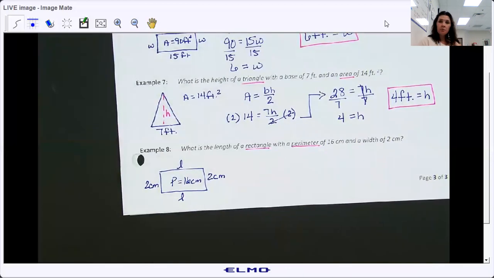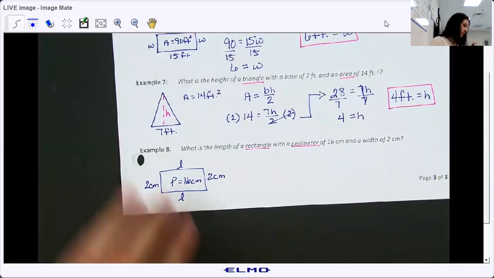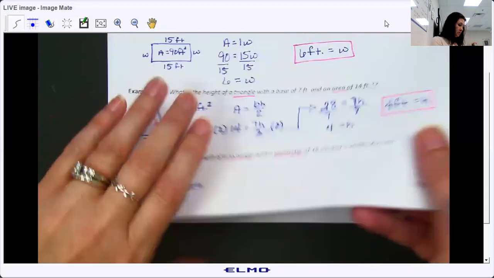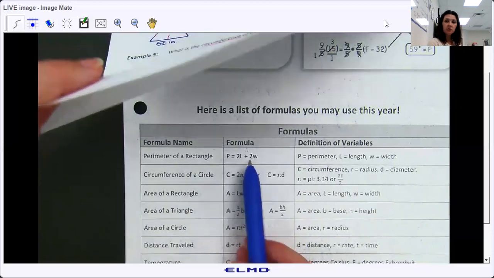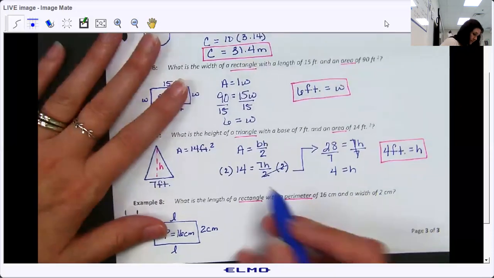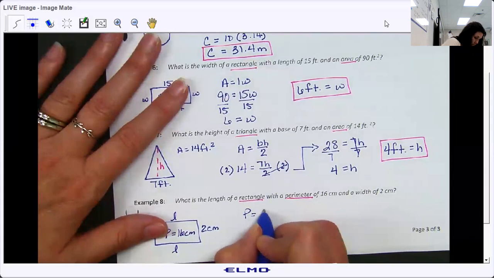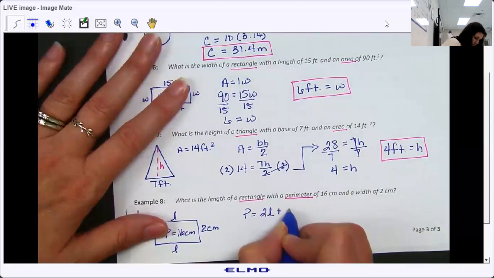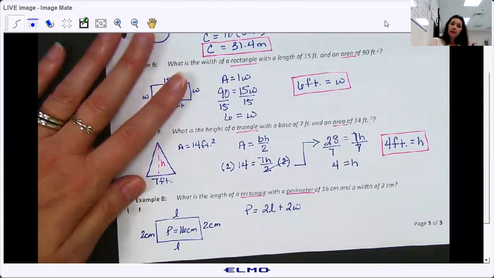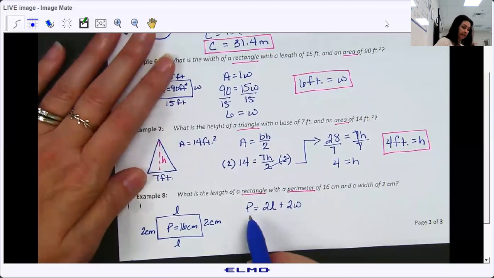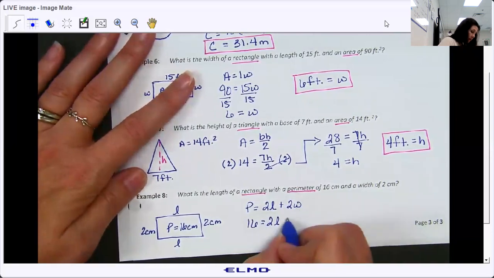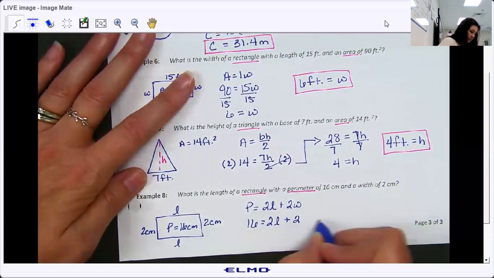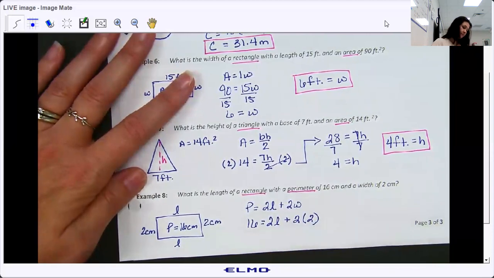So I'm going to use the perimeter formula for a rectangle. If you don't know what that is, come over here. Perimeter of a rectangle is 2 times the length plus 2 times the width. So I'm going to write that out, and I'm going to plug in the values I'm given. I'm told that the perimeter is 16. I don't know what the length is, so I'm just going to leave that as 2L, but I do know that my width is 2 centimeters, so it's going to be 2 times 2.